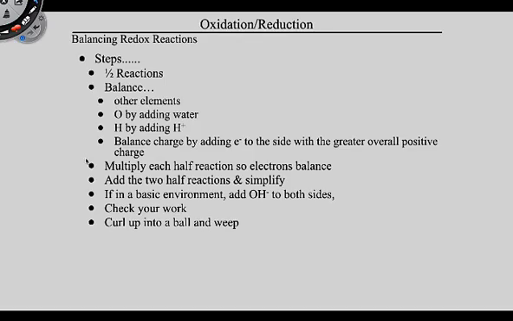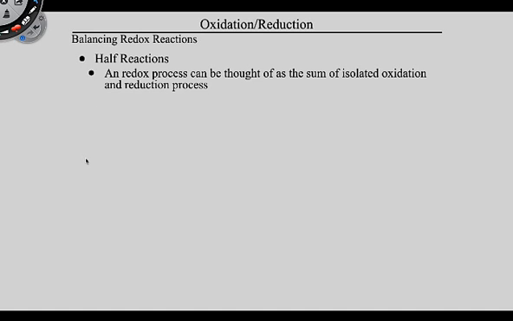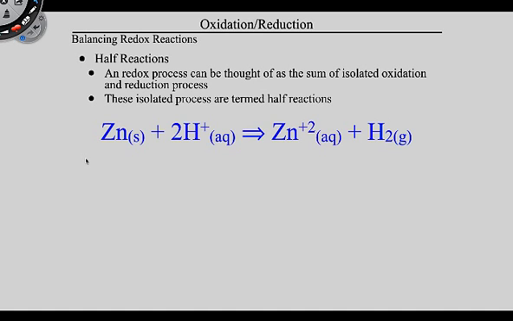Okay, so guys, go back, and I know that we've sort of teed this ball up, but we've got to talk about half reactions really quickly first. So go back to this reaction. What is a half reaction? Well guys, the deal is this.